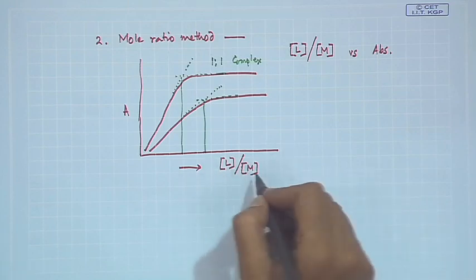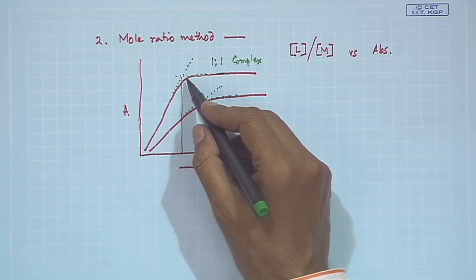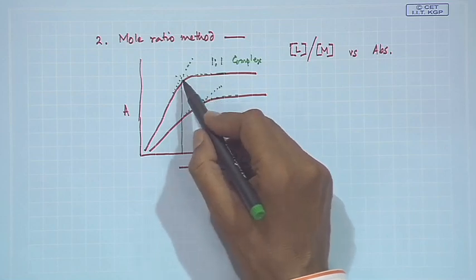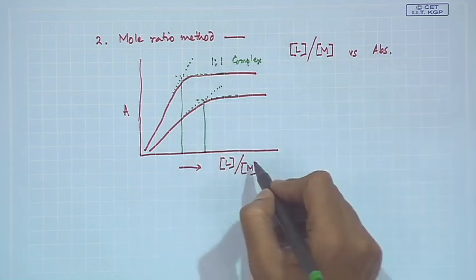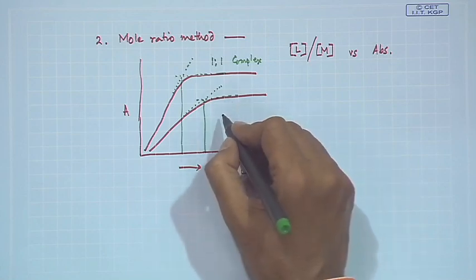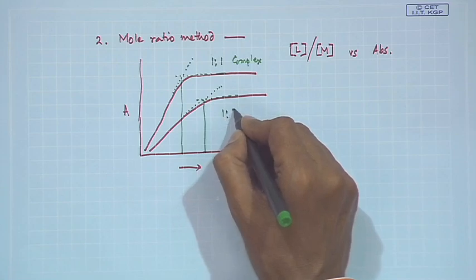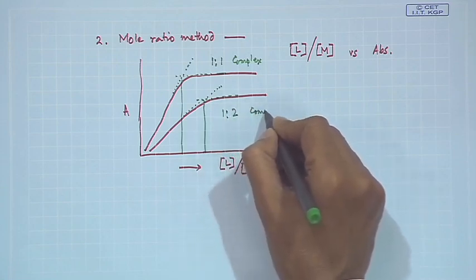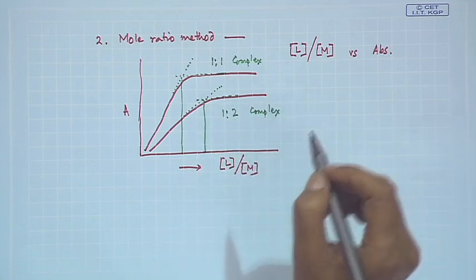When 1:1 of this is mixed, you have the maximum absorbance for this particular case, and when it is less than that, the corresponding complexation reaction is a 1:2 complex, and we get a different plot.